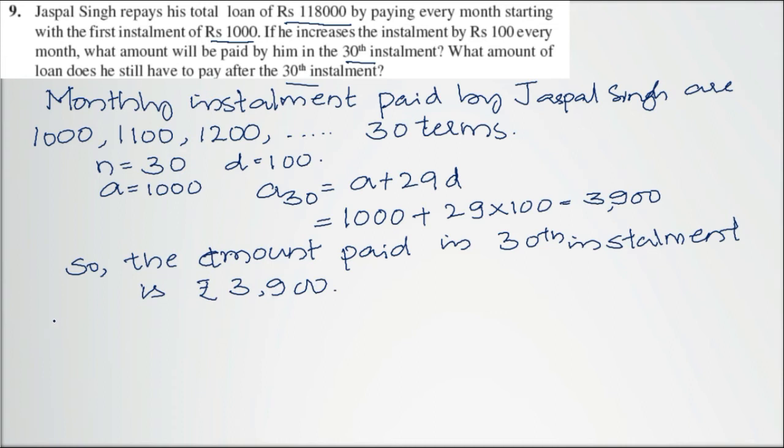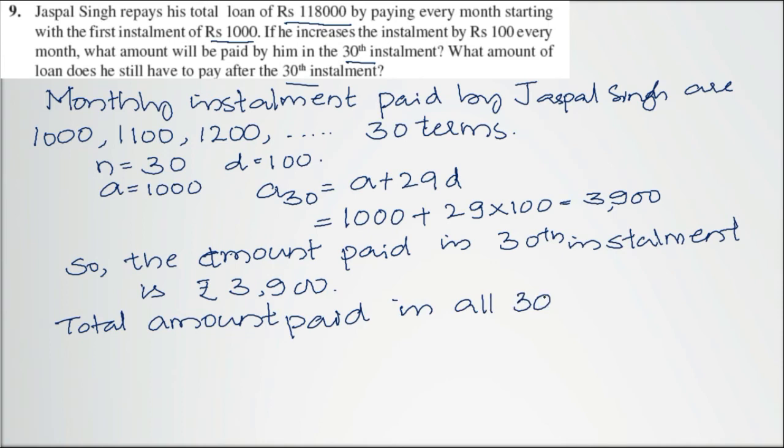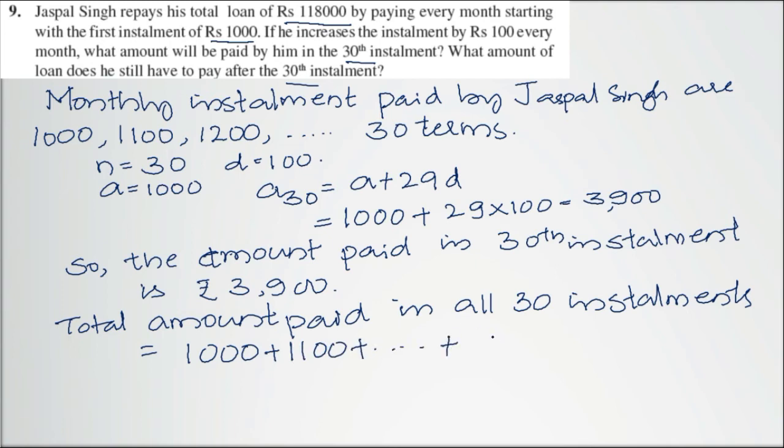What is the amount he has paid till 30th installment? That will be the total amount paid in all 30 installments, which will be equal to the sum of 1000 added to 1100 added so on till 3900.